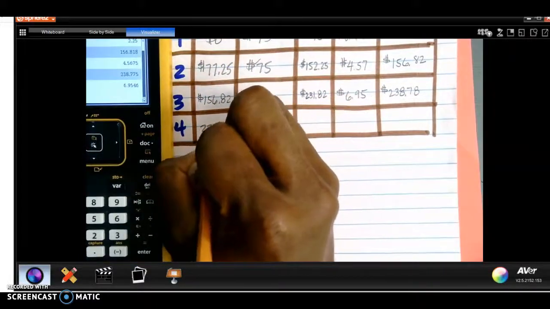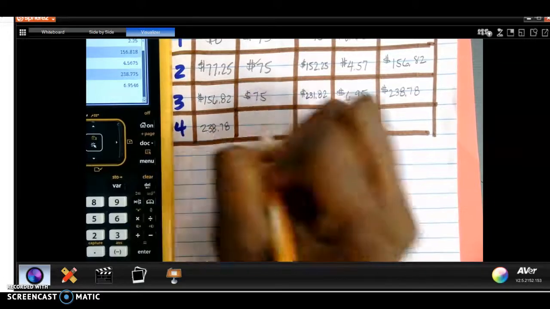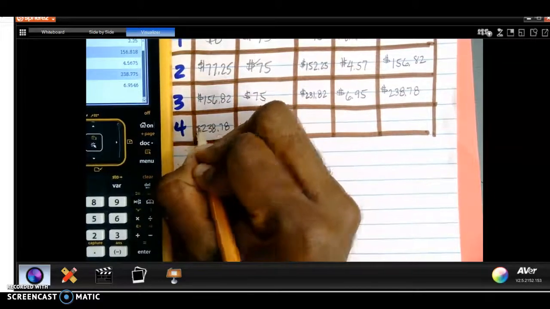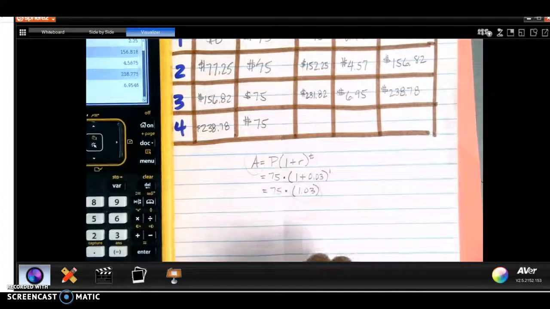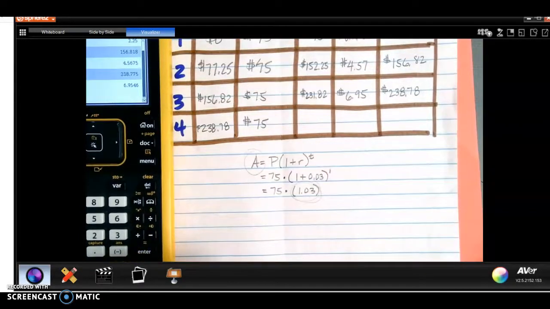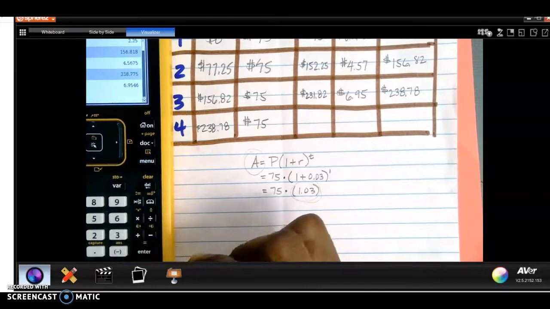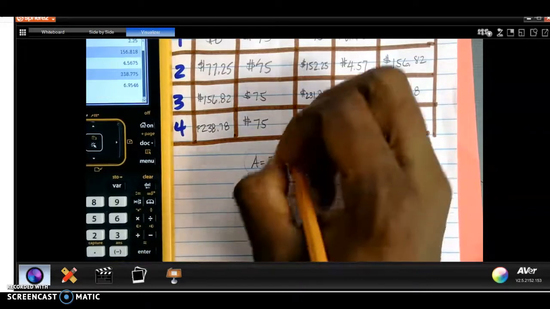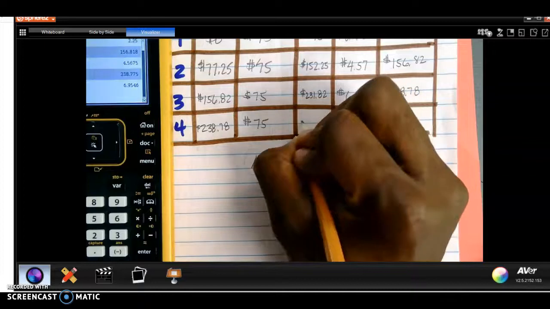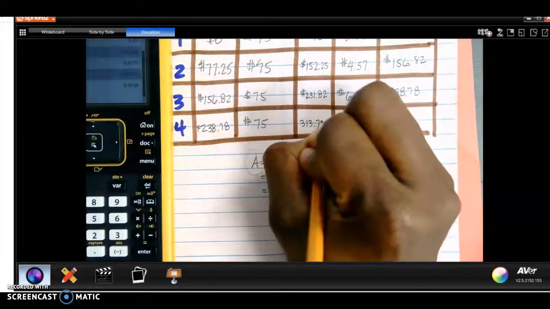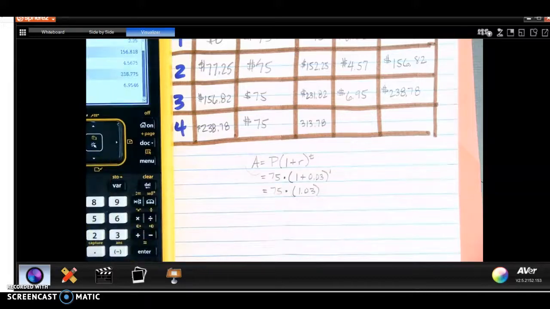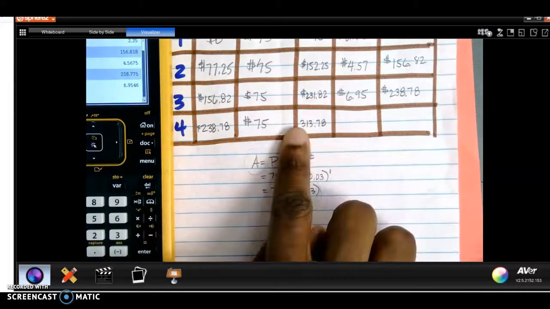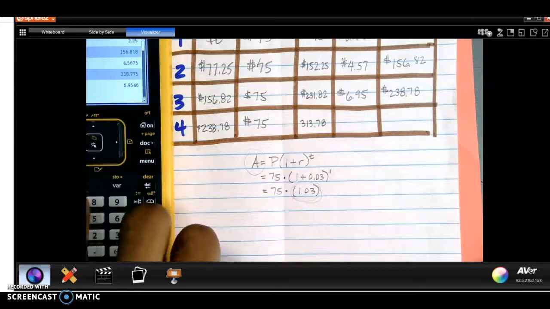Now, I am going to take my new amount, 238.78, carry it forward. When I carry this forward, I'm going to add in my additional amount of $75. 238.78 plus 75 will give me 313.78. Now I'm going to use that exact same number multiplied by 1.03.